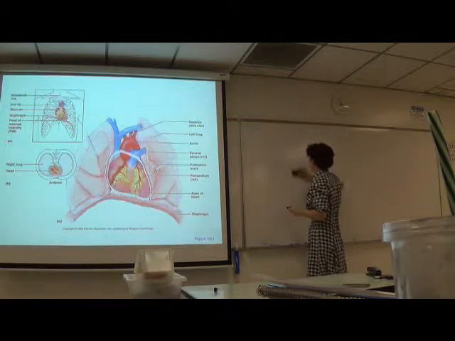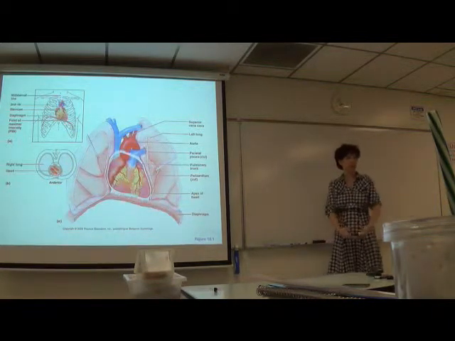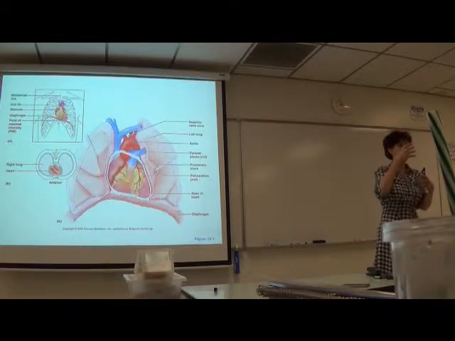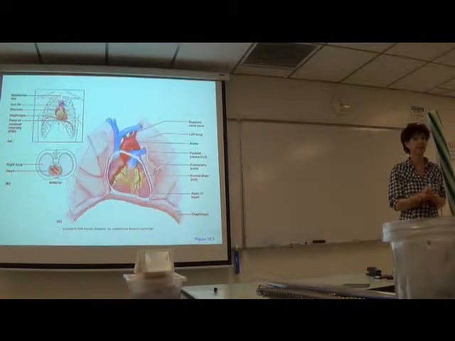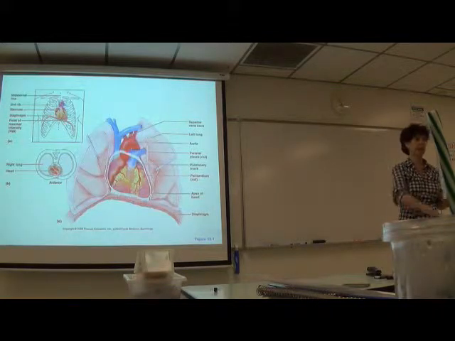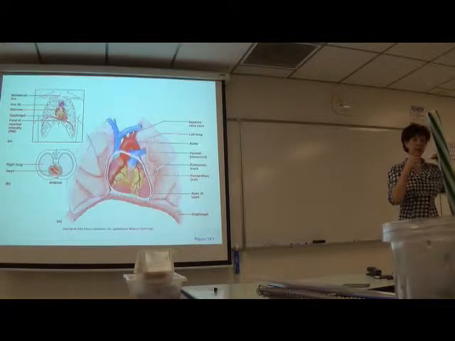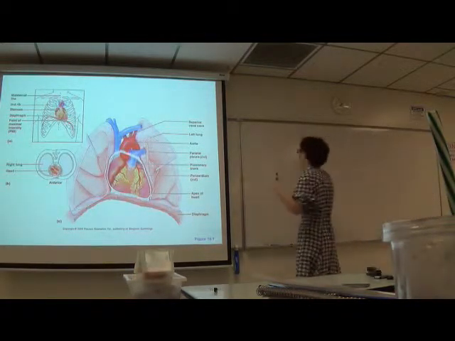So what do we call all of the cavities in the body that are not surrounded by the cranial cavity or the vertebra? What is all of this space called? Thoracic? Dorsal is the back. Ventral. Ventral cavity.